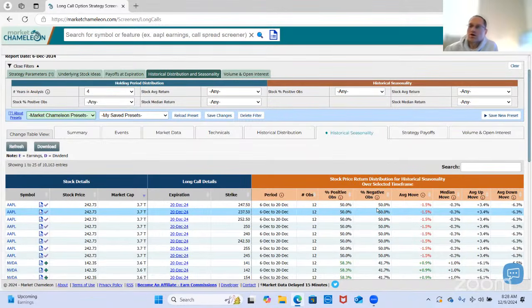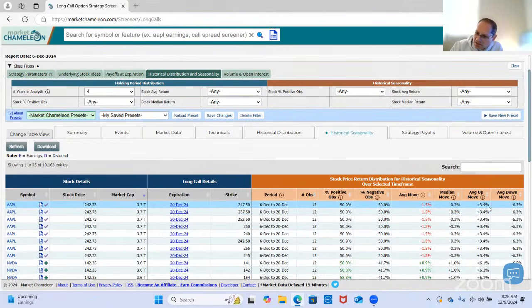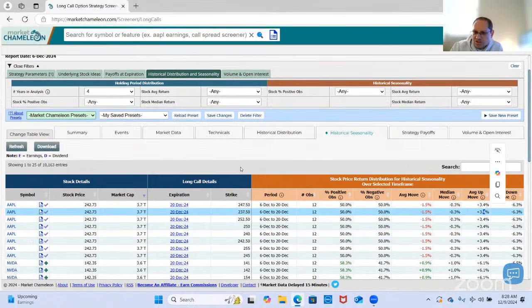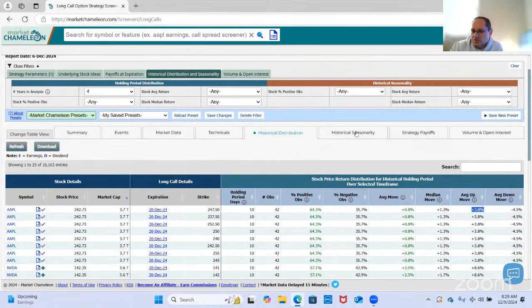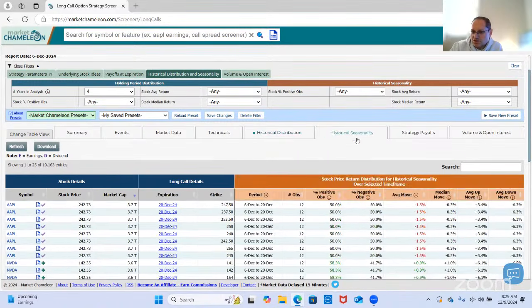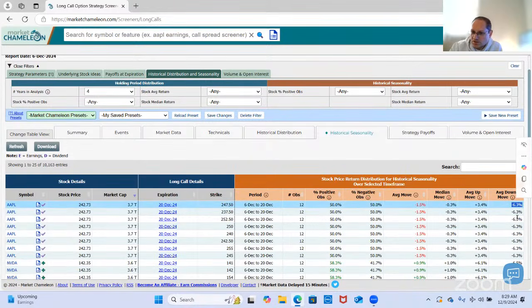And you could see here that on average, the average up move was still 3.4%, which is similar to the 3.8%. But if I go back to seasonality, you could see the down moves were greater, on average 6.3%.